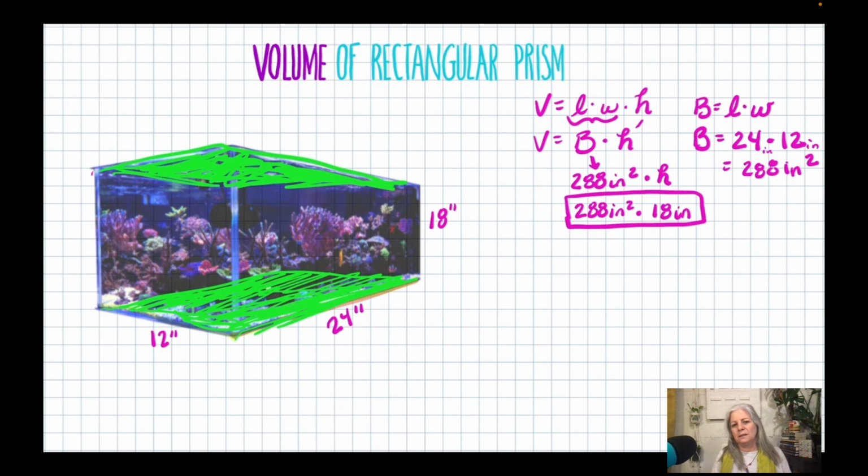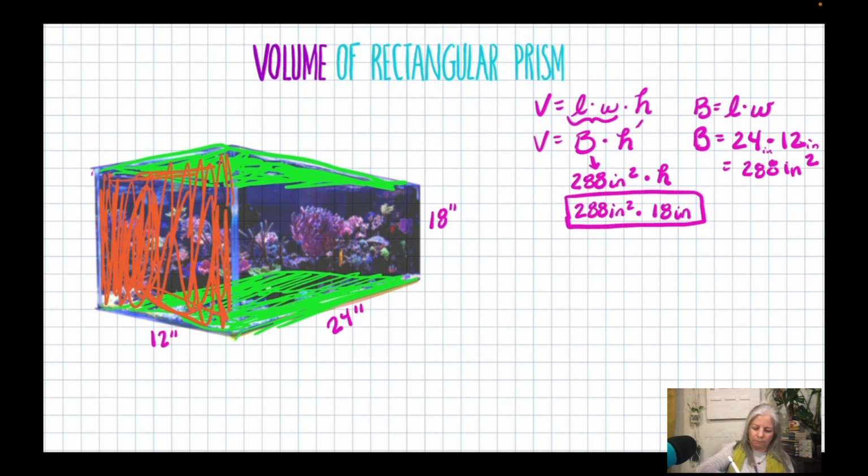What if I decided that I wanted the base to be the two sides instead of the top and the bottom? I just want to show you what that's going to look like if we decided to do something crazy like that. Okay, so there's one, and then we've got the matching one down on the end.